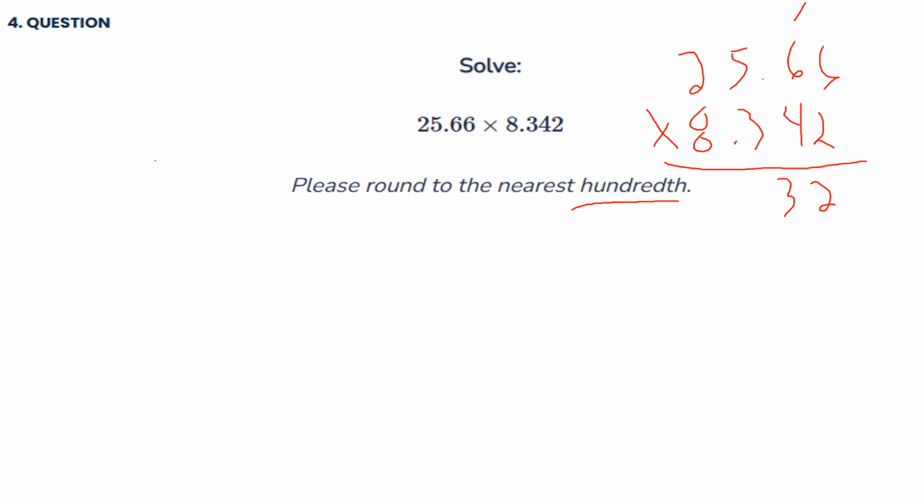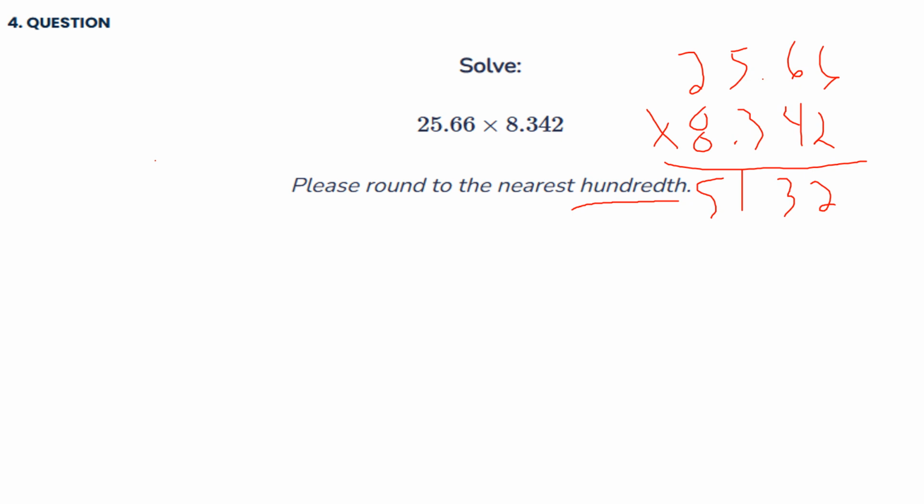Notice that I'm lining my numbers up in the correct place, because that makes it much easier once you have to add all these numbers together. 2 times 5, actually, let me carry that 1 from that 13. 2 times 5 is 10, plus 1 is 11. Carry the 1. 2 times 2 is 4, plus the 1 that we carried, that's 5. So that takes care of the number that's in the ones place.